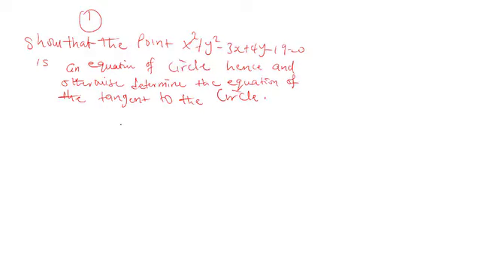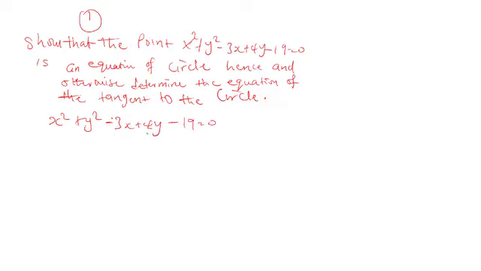The first thing we have to do here is to state clearly the equation of the circle and prove that it is a circle before going into looking for the tangent. We have x squared plus y squared minus 3x plus 4y minus 19 equals 0.